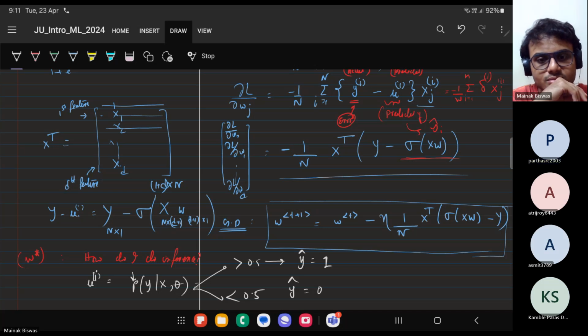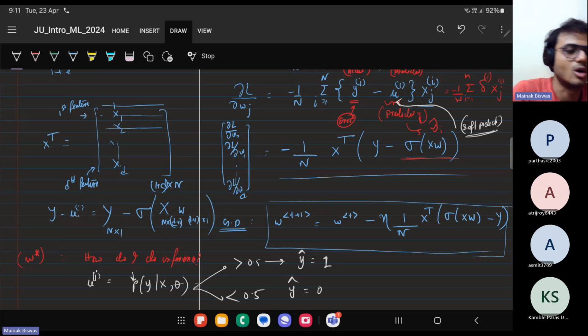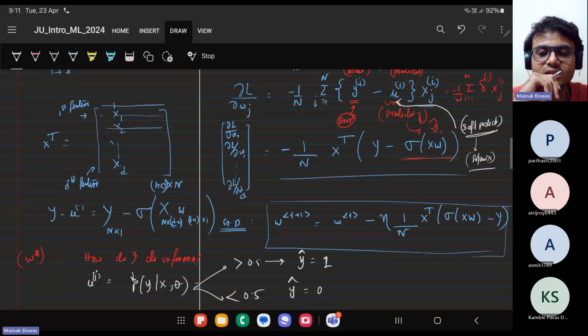So this is called a soft prediction, not a hard prediction, because you're not giving zeros and ones but probabilities, which is essentially the same thing. We'll see softmax just now and we will confirm that. But the derivation of the gradient and why we do not have a closed form, is that clear?